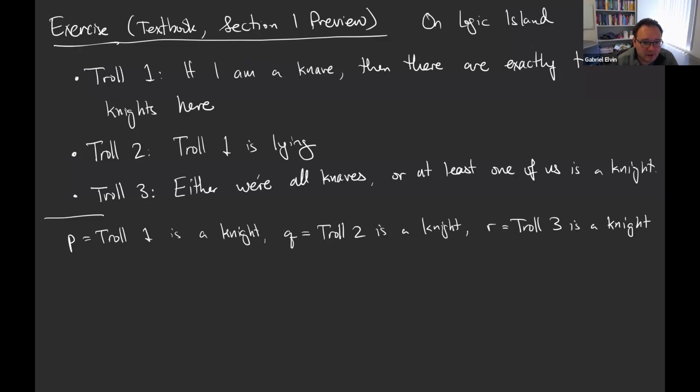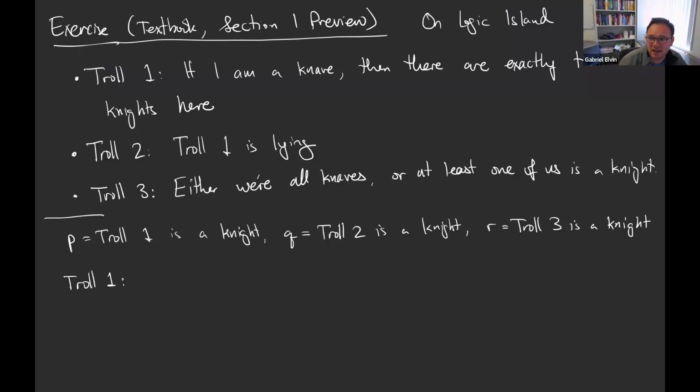Troll 1 says, if I am a knave, then there are exactly 2 knights here. So what is that? It's an if-then statement, also called a conditional, also called an implication. We have that P arrow Q notation. So that would be if I am a knave.